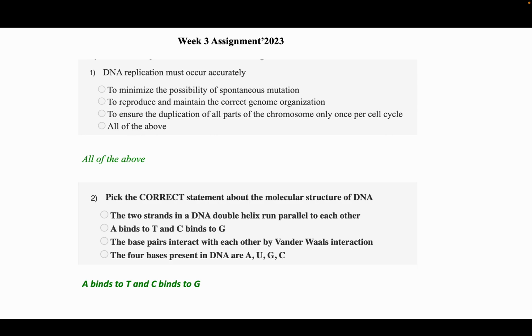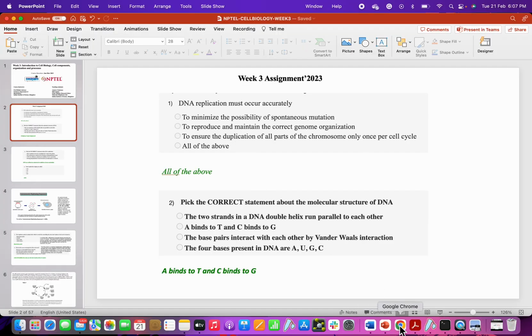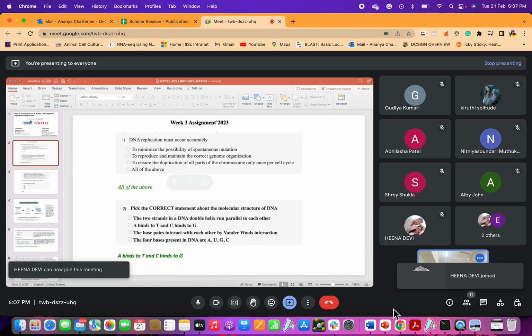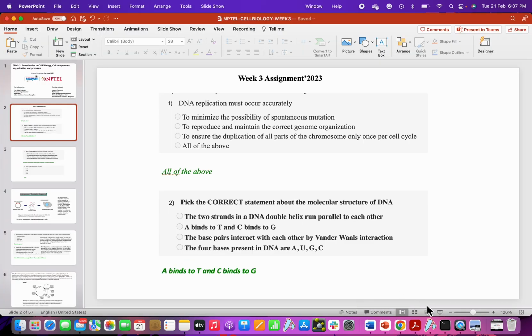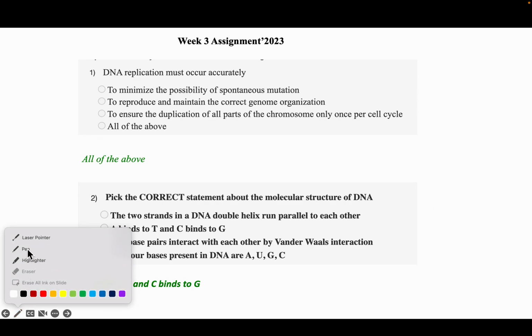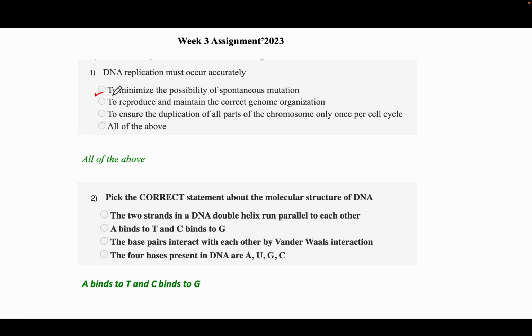So that's why DNA replication must occur accurately. Different enzymes should check whether there is any gap or any formation of mutation happening in the DNA, and will act accordingly. So the first option is definitely correct, to reproduce and maintain the correct genome organization. This is also correct, to ensure the duplication of all pairs of the chromosome only once per cell cycle.